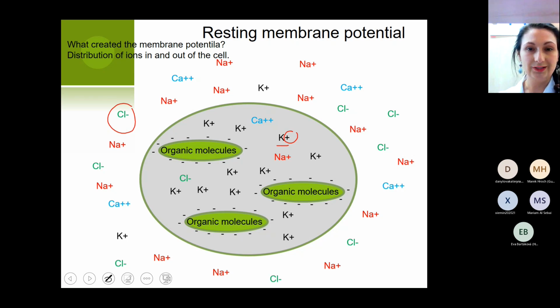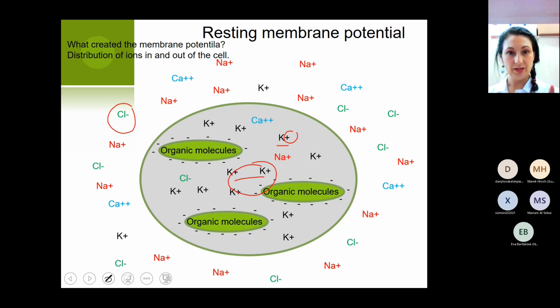On the other hand, the negative charge inside the cell has a contradictory effect on the movement of chlorine, because inside is negative and chlorine is really not attracted inside the cell because the same charges repel: minus and minus is repulsive, as well as plus and plus is repulsive. Only plus and minus attract each other.